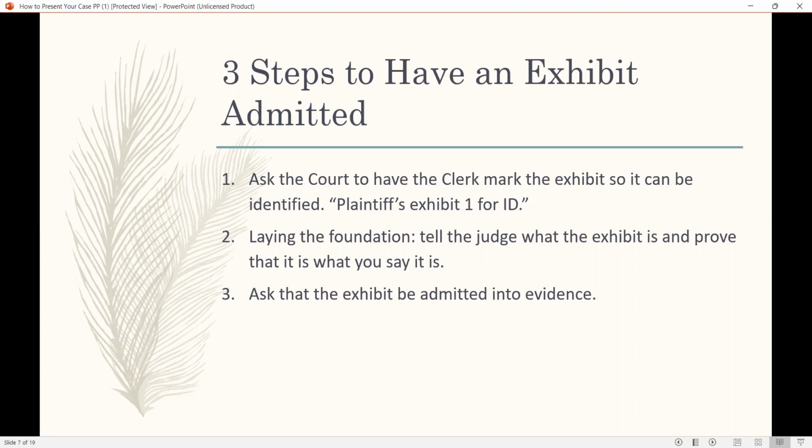Rather, the court is asking if there's any valid evidentiary rule for why the exhibit should not be admitted, like hearsay, like relevance. Keep that in mind when we go over the next couple of slides.